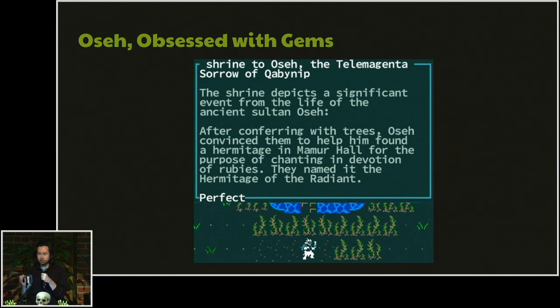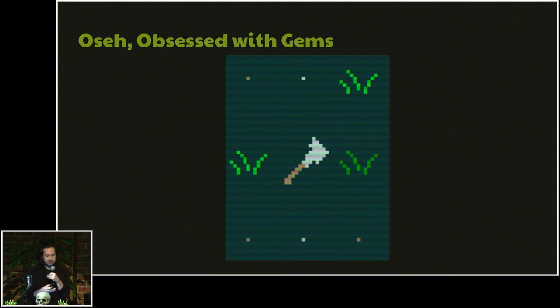Instead, it's always filtered through the lens of the game world's present, which means you can only learn about the history through interacting with the world and the cultural artifacts in the world. Those cultural artifacts include things like these shrines that you find around the world, which cultures have built up in veneration of these sultans. It's also things like, okay, this is a mace, right? It's an object in the world.